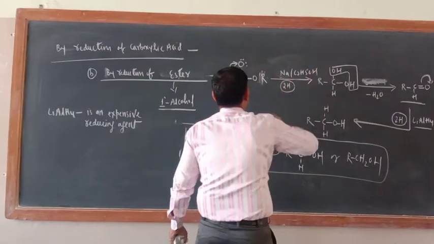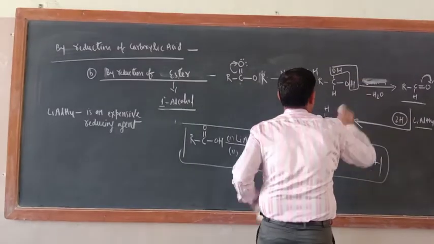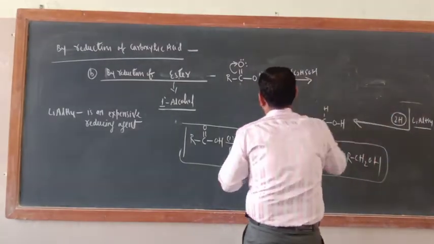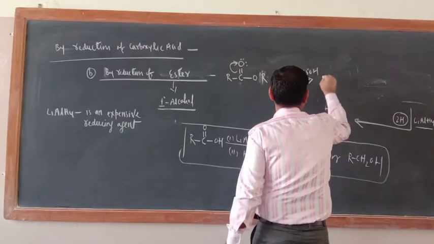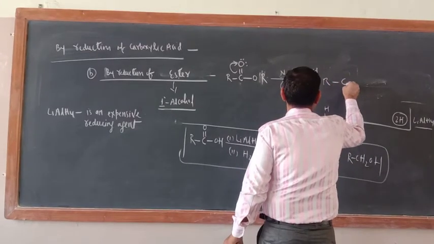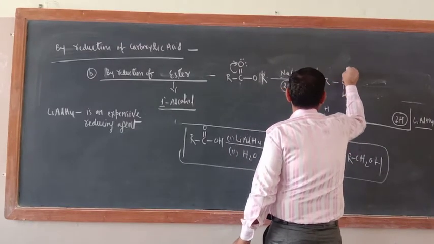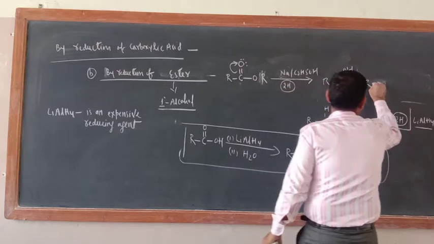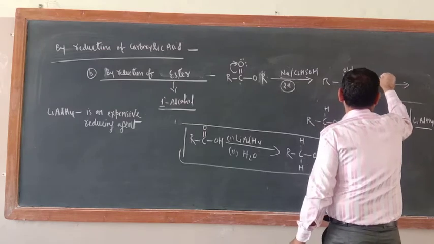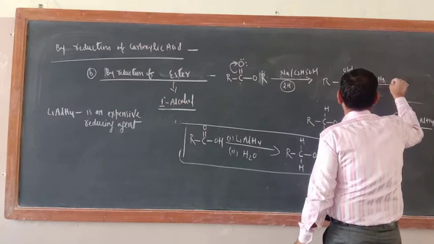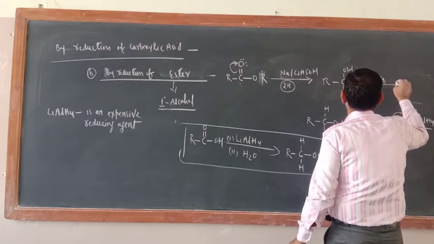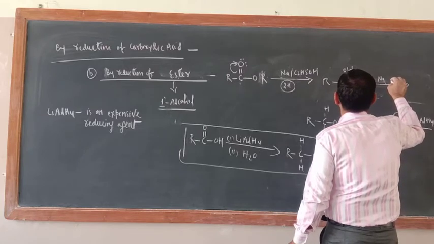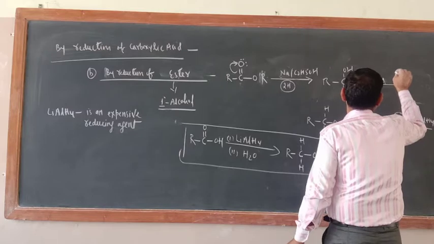Now just see what the method would be. Directly R, C, here H, here OH, and here OR. Further write RCH2OH.